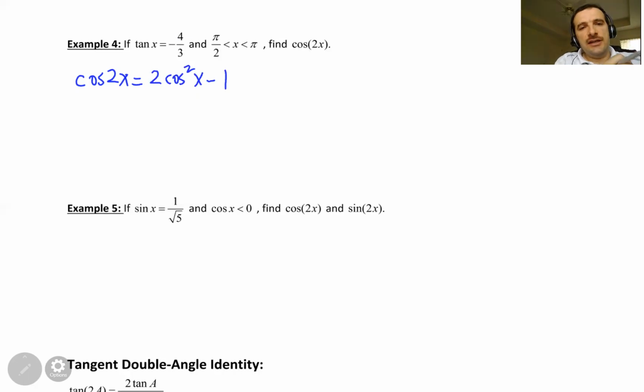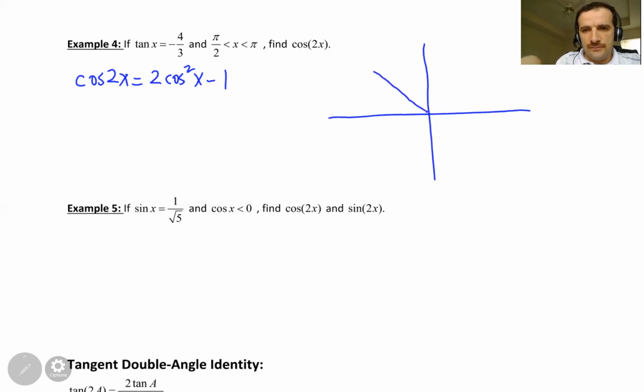I know what tangent x is. So let me draw my picture again. And x is in the second quadrant, right? This is important. And tangent is negative 4/3.